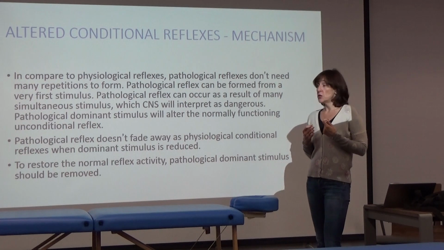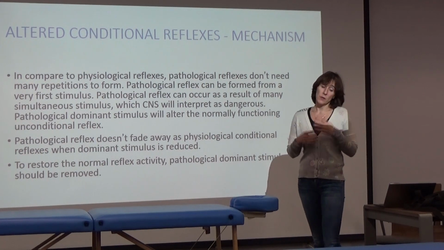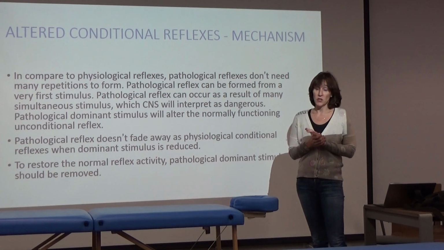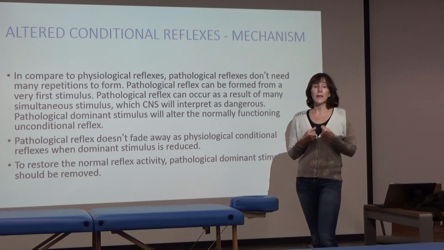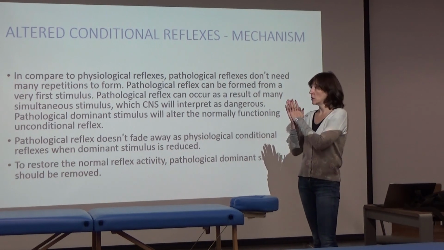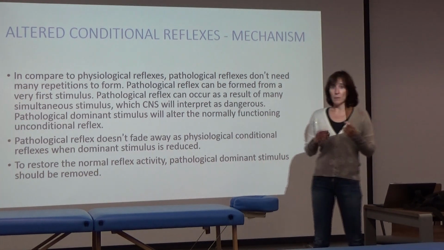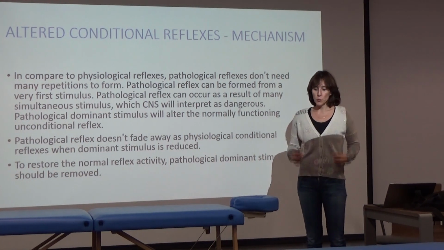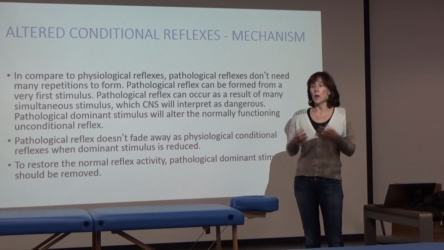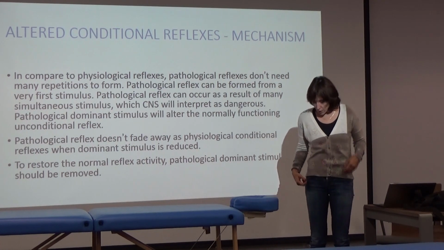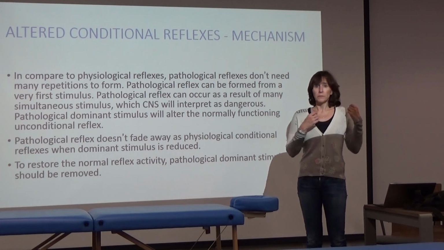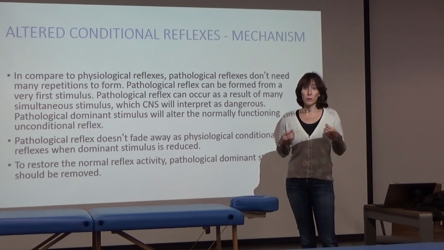If my reflex activity, in this case stretch reflex activity, is normal, and if I can adapt to this dangerous stimulus, I will withdraw, and then I will come back, and all the muscles will start doing their job properly, meaning that they're not going to be over-contracted or over-relaxed. They're going to be normal muscles.